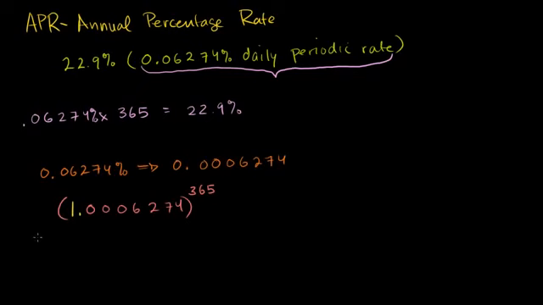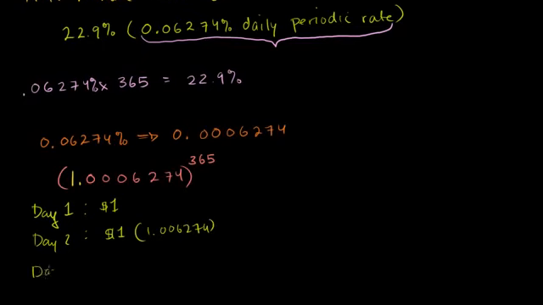On day 1, maybe I have $1 that I owe them. On day 2, it'll be $1 times 1.0006274.